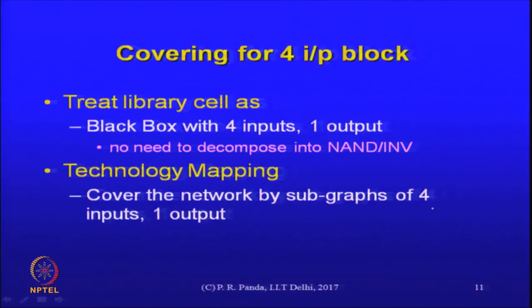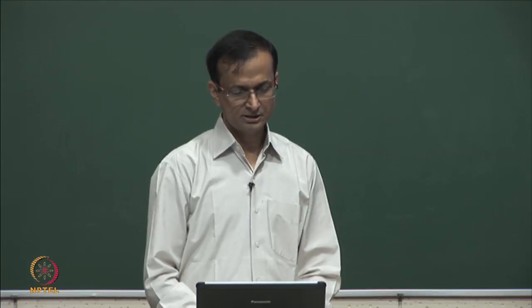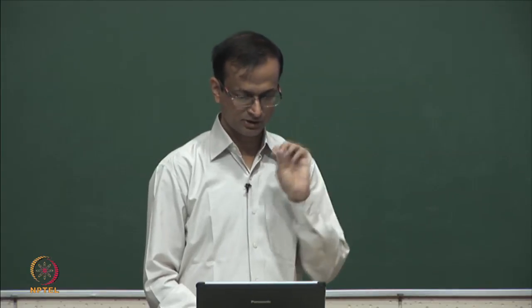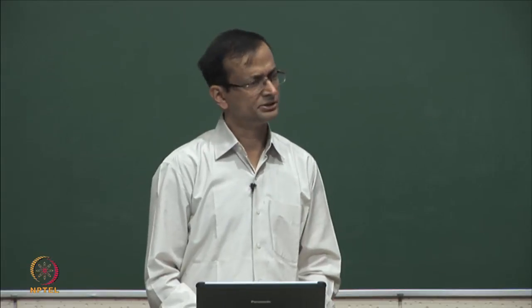Now, covering actually is not really complicated. You treat that library cell as a black box with some number of inputs. If that LUT has 5 inputs and 1 output, it can be programmed to be any function of 5 inputs and 1 output. We are just looking at a black box with 5 inputs and 1 output, whatever it is.